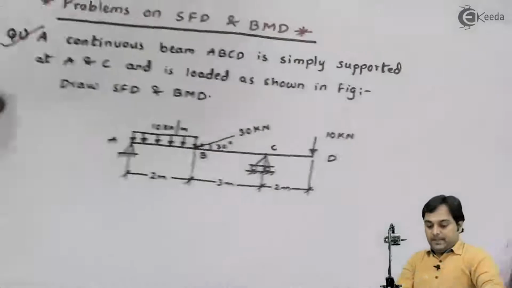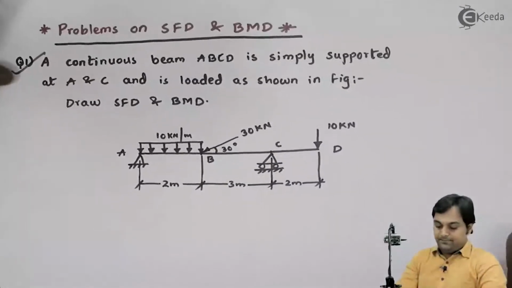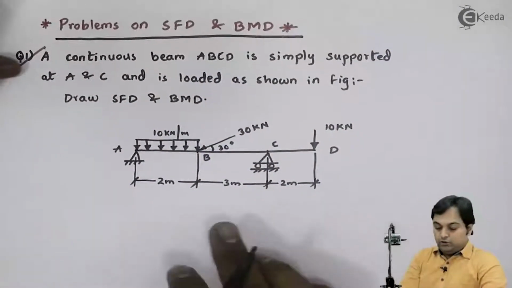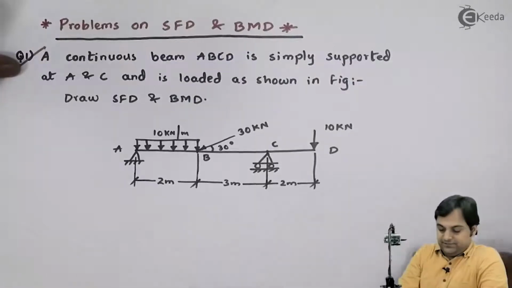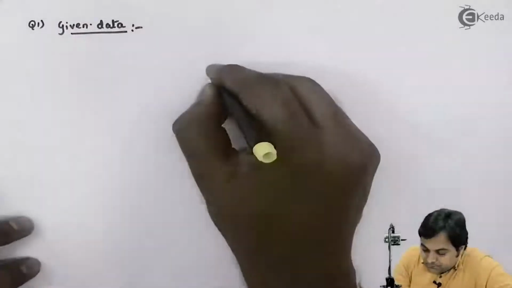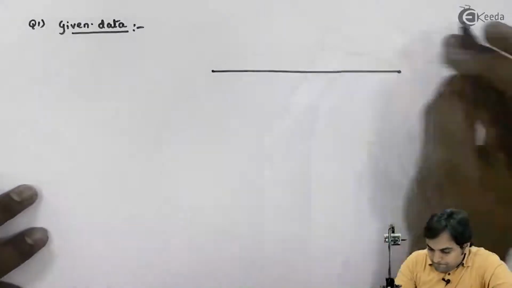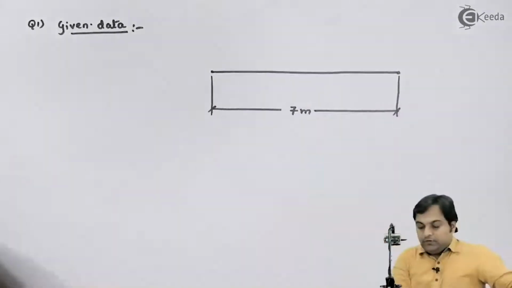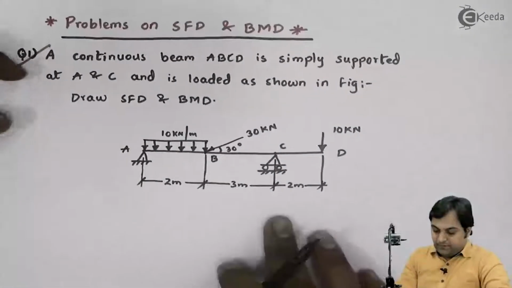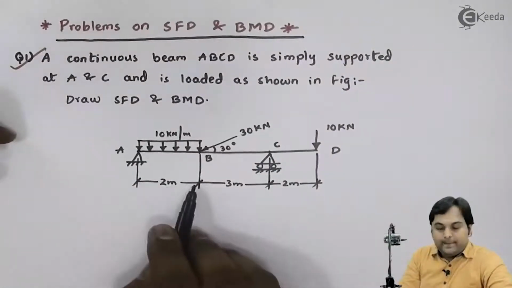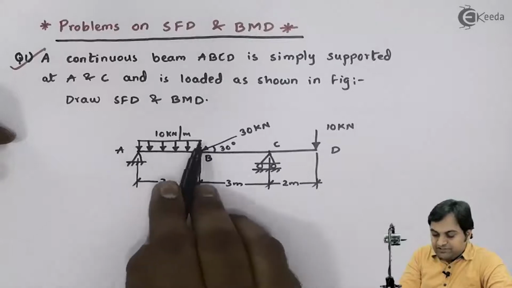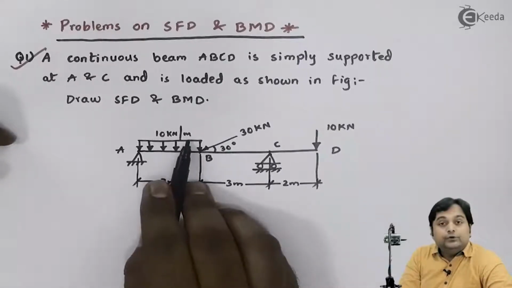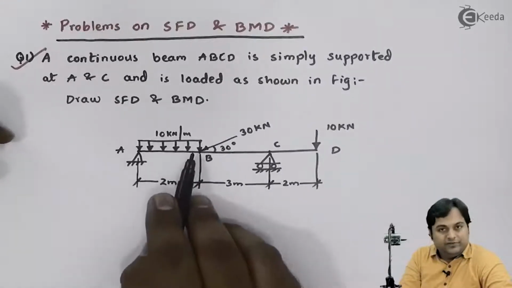Here we have beam ABCD, total length is 7 meters. Next, between portion A to B, there is uniformly distributed load of 10 kilonewton per meter. This is the symbol of UDL.